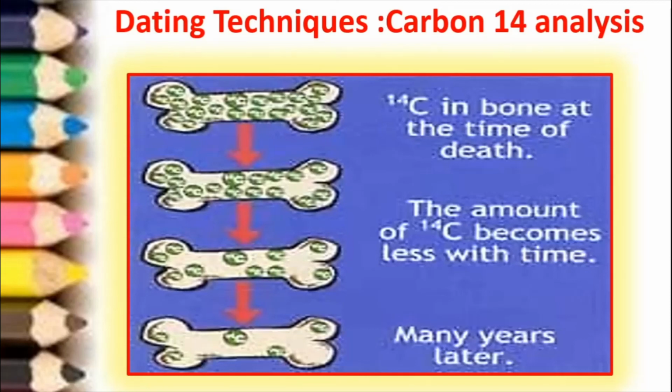So you can see in the picture here, this much is the amount of carbon at the time of our death in our body. As the years pass, the amount of carbon starts getting lesser and lesser. So when scientists study the body or the bones of the things which they find, and they find out how much amount of carbon is there, they are able to understand how old that bone is.